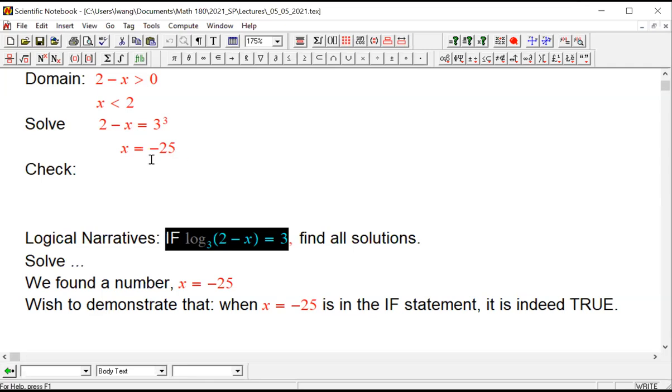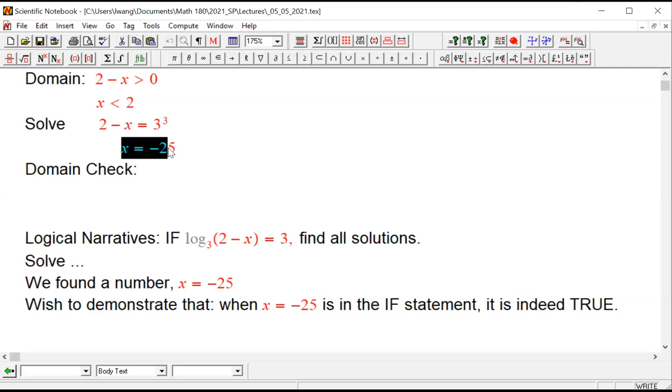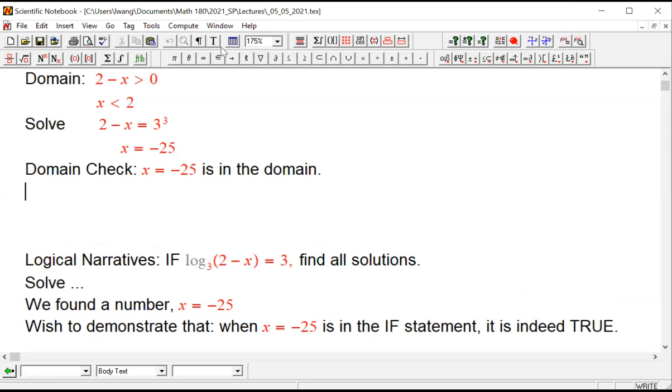Okay, so now, when we check, besides the domain check, x equals -25 is in the domain, because -25 is less than 2, right?